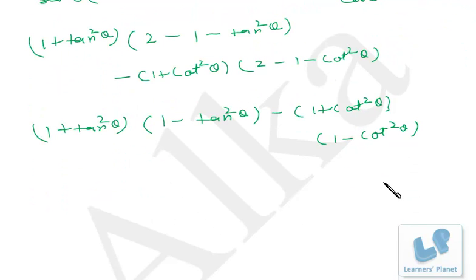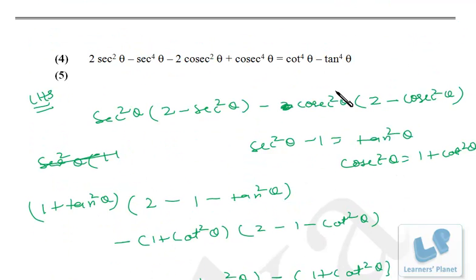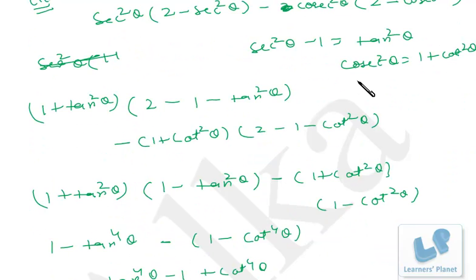So it will be a square minus b square. So it is 1 minus tan 4 theta, and this is minus 1 minus cot 4 theta, right? So it is 1 minus tan 4 theta minus 1 plus cot 4 theta. So it's cot 4 theta minus tan 4 theta, right? So that we had to prove, that is RHS.